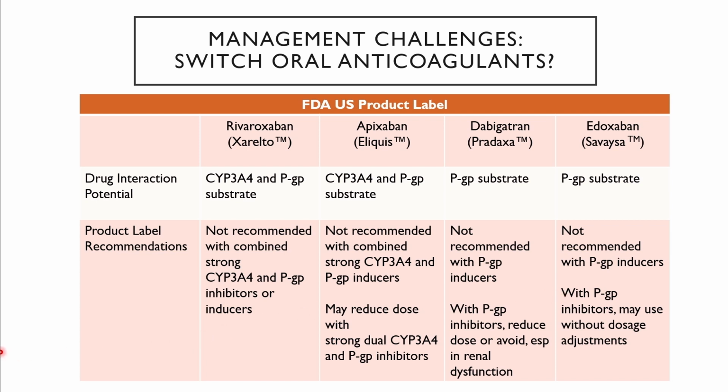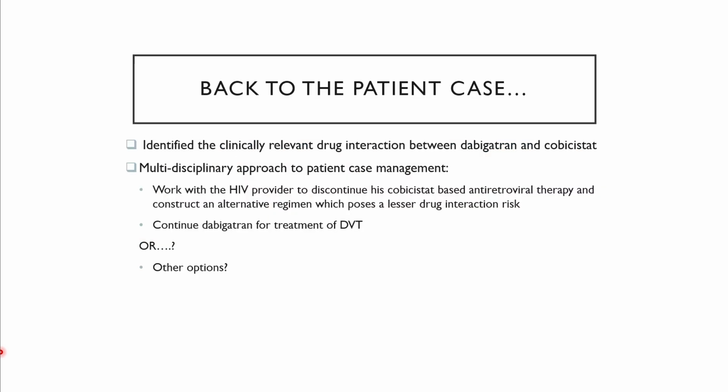So the question of being able to safely administer it in the presence of his antiretroviral regimen should be questioned. And I'm not entirely sure if switching him to edoxaban would be the most appropriate option. But having said that, we have to do something for our patient. We have to make a decision.